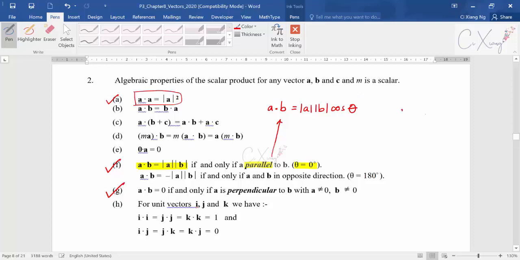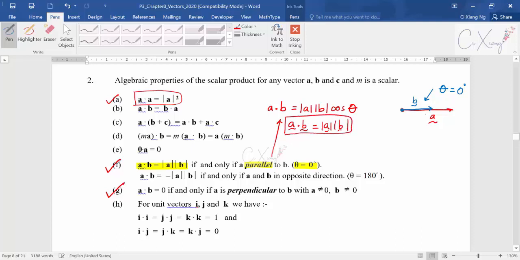When theta is 0, it means if I have an A in this direction and I have the B also in the same direction, which is parallel, then for this case we call it theta equal to 0. That means the angle between A and B is equal to 0. So when we have A dot B, it is equal to modulus A modulus B cos 0. So cos 0 is equal to 1, right? So eventually you will get this.